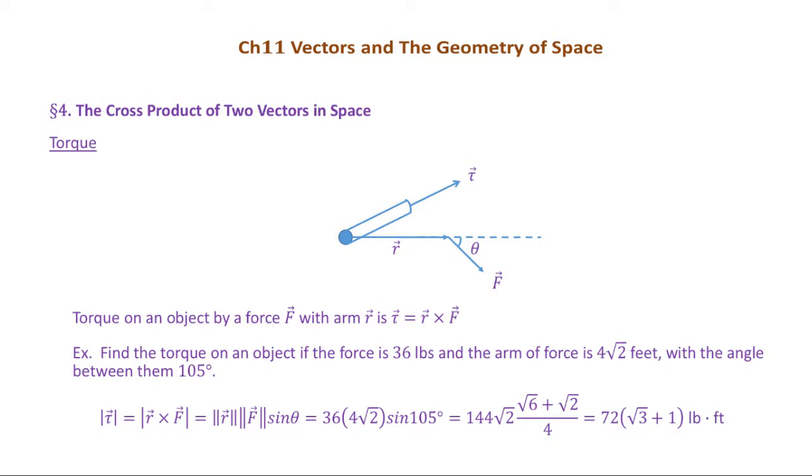If you use the right hand to figure out the direction of R cross F, it gives you the direction perpendicular to the paper plane.